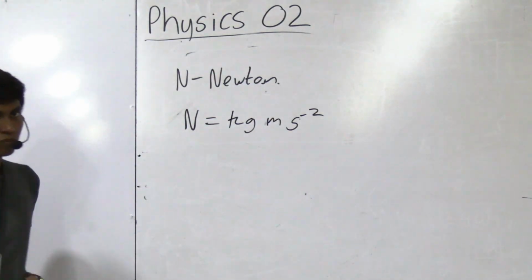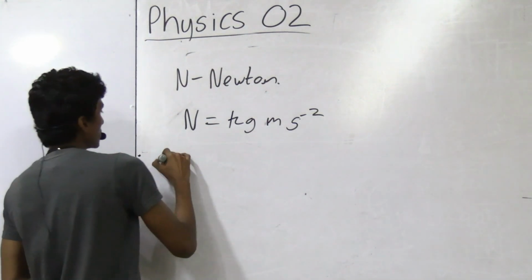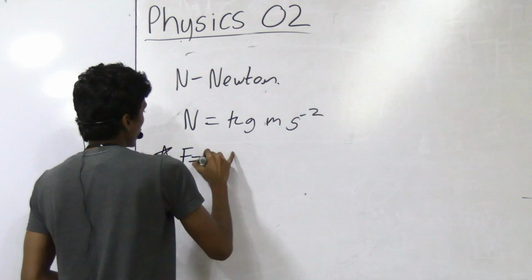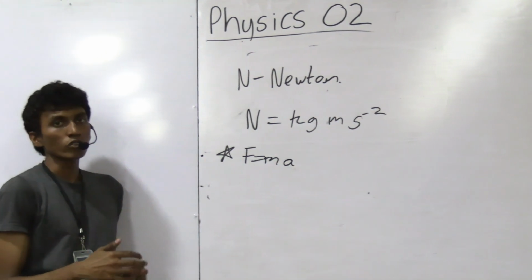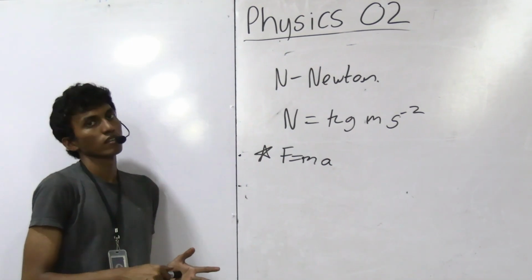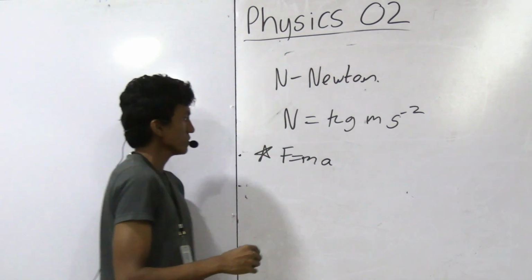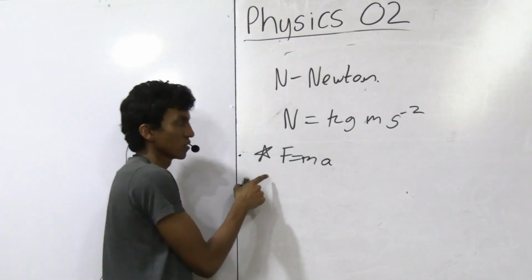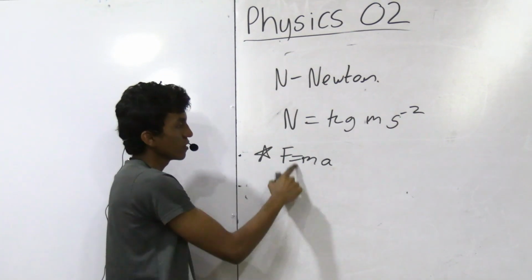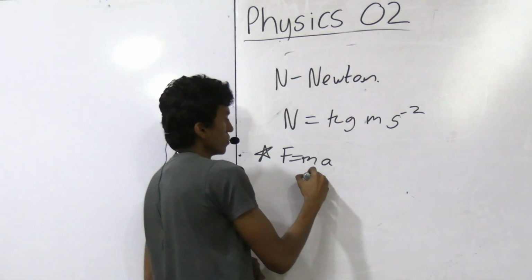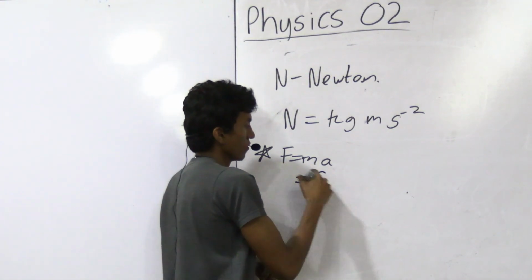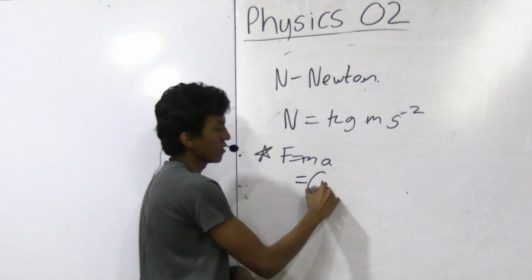But if you cannot remember this, you can simply remember the equation F equals ma, right? For an equation, the units on both sides should be equal, right? So since force is given in newtons, this side also should simplify into newtons, right? So here the unit for mass is kilogram.